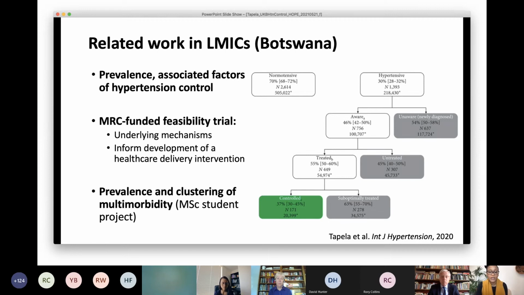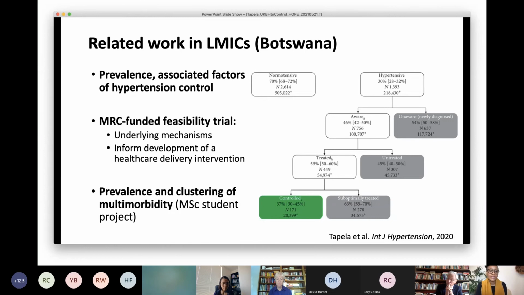We've done follow-on work where we really wanted to understand, in addition to the associations that were found, factors associated with hypertension control, which are similar to the UK Biobank analysis. We wanted to look at what might be the underlying mechanisms for these associations, particularly associations with lower hypertension control.